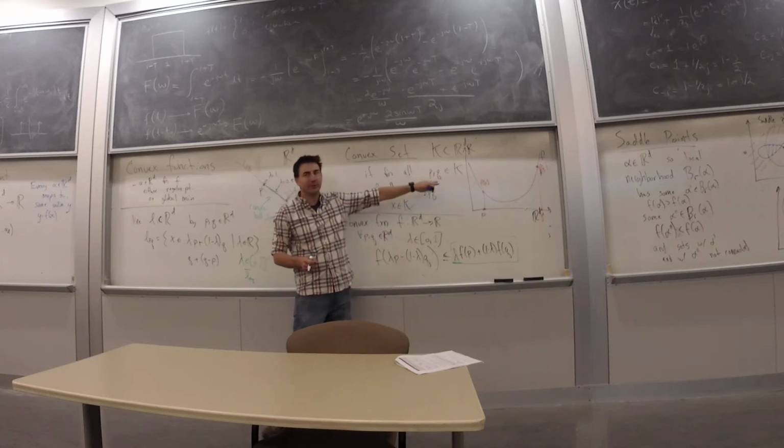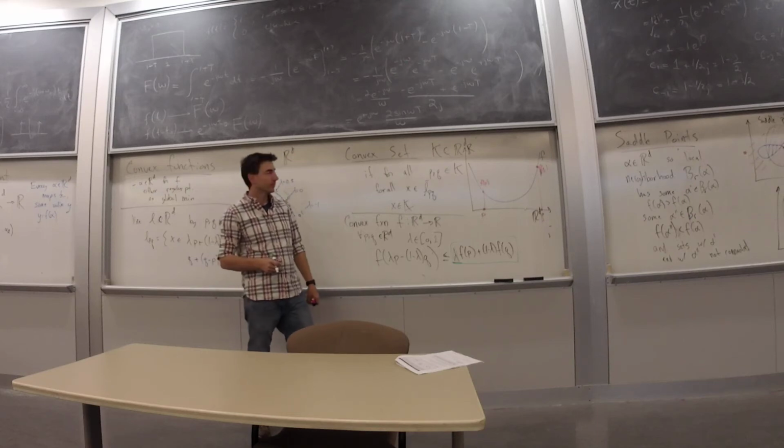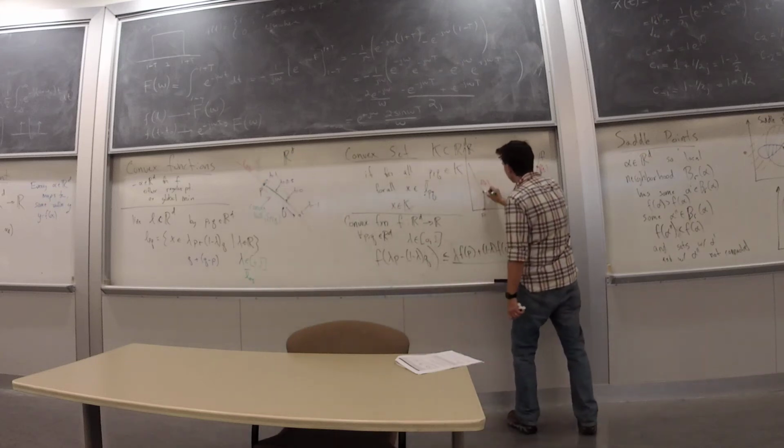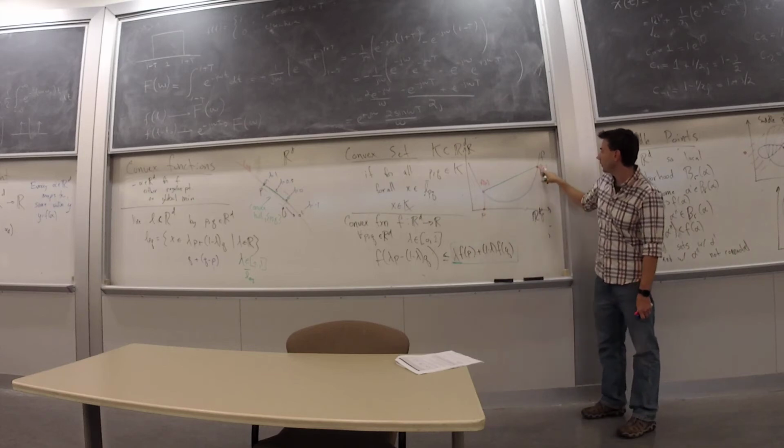I want to draw it in this picture. There's a line that connects those 2 points. Yep, it's the line segment between p, f of p and q, f of q, right?